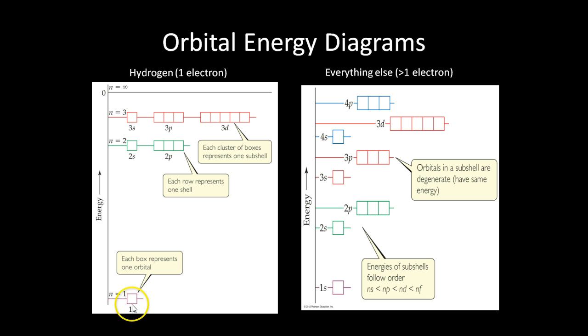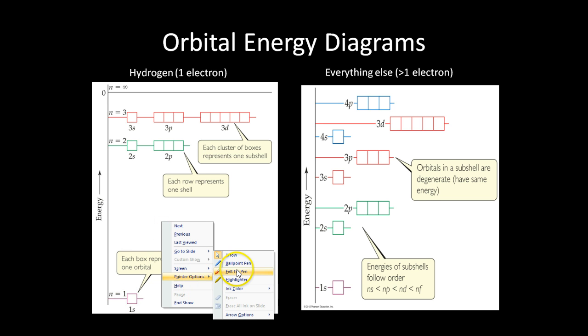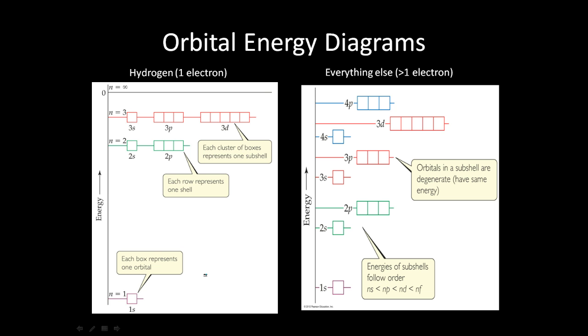You'll only have one l that it can be, 0, which we represent as s. And then you put a little box where you put the electrons in. And the electrons look like half arrows, with only one lobe, so you represent electrons like this right there.